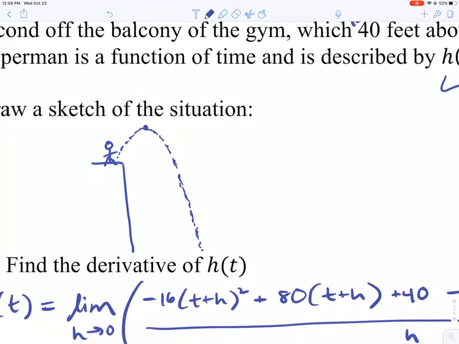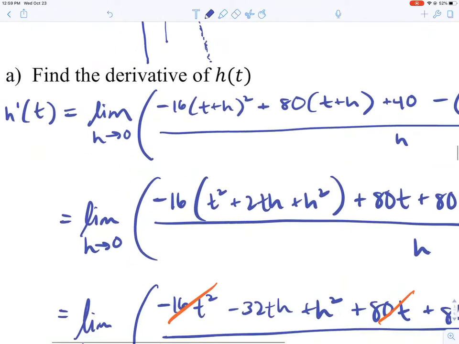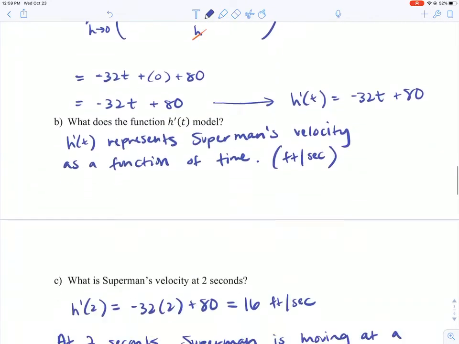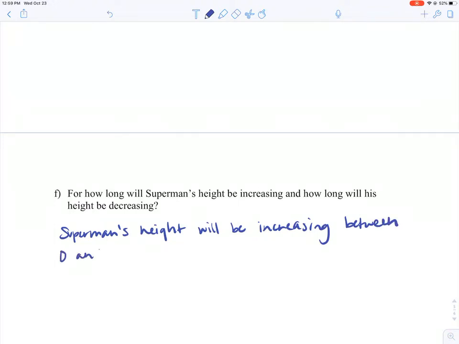So we know from 0 to 2.5 seconds, when he reaches that maximum height, Superman's height will be increasing.